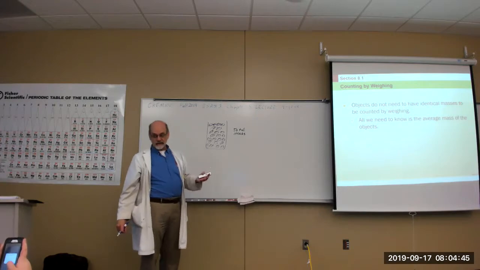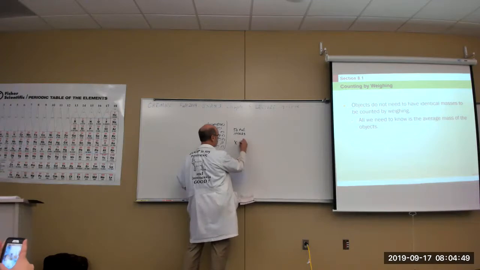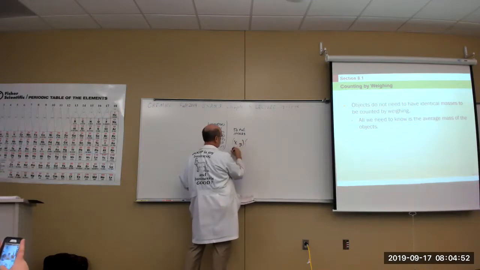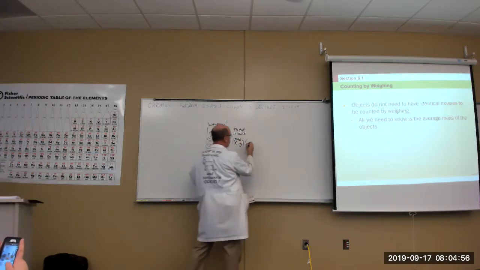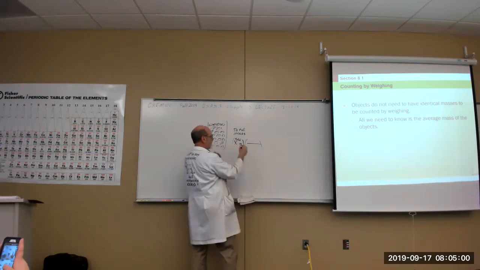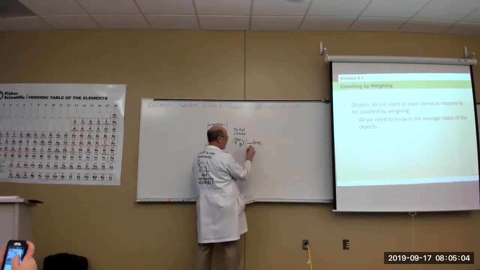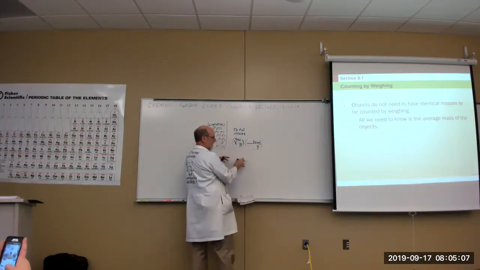If you know the average mass, then you can take the total mass, this is your total mass, and you can convert that into numbers of beans. So many beans weigh a certain amount.